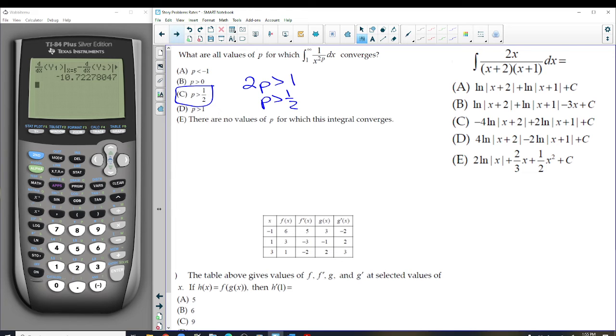Another partial fraction one, we need that original integral to look like a over x plus 2 plus b over x plus 1. And you can see that all the answers have natural log in them because now we have the denominators as a power of 1. So 2x has to equal a times x plus 1 plus b times x plus 2.